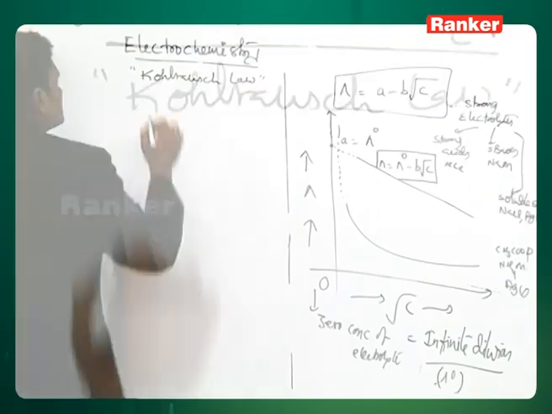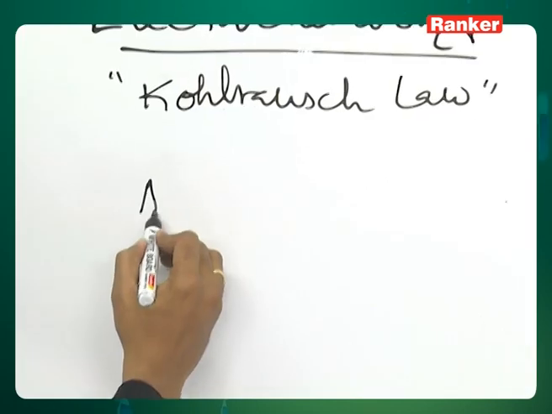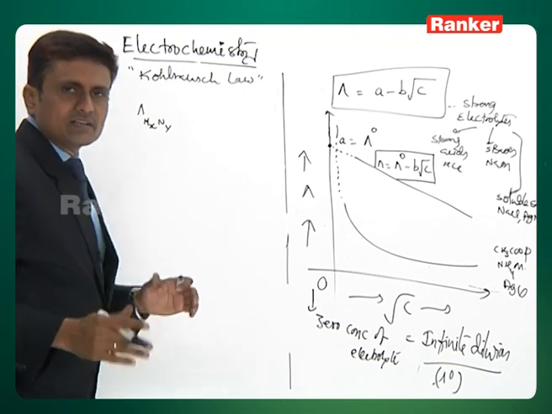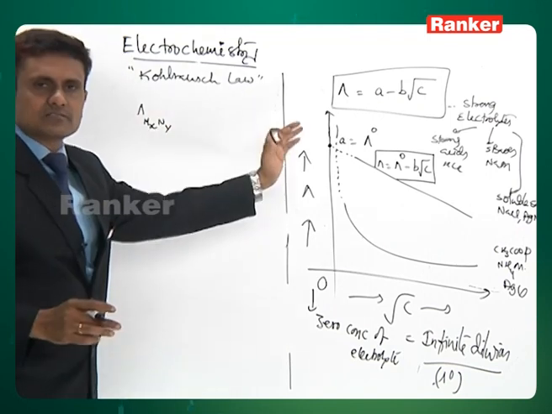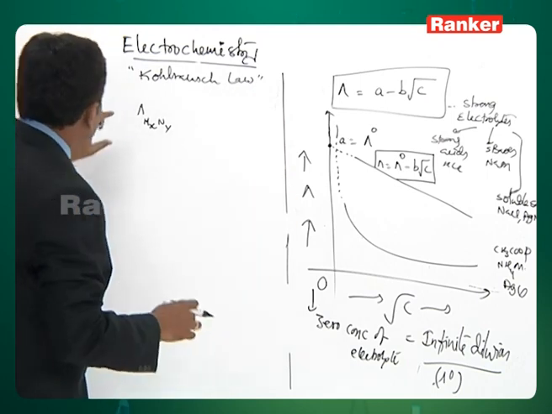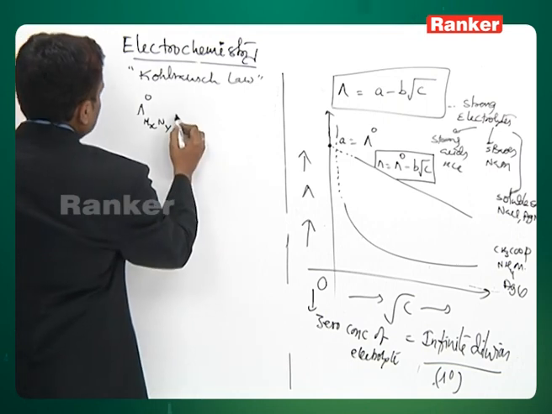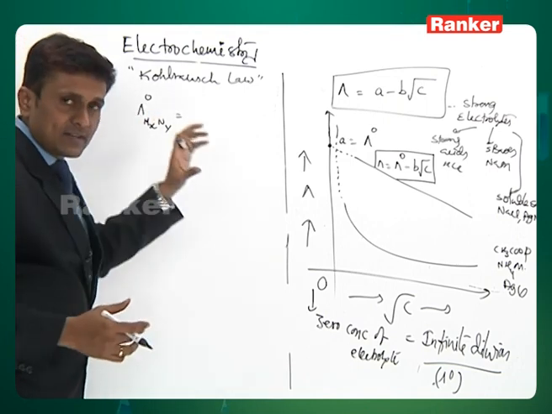As per this law, the conductance of an electrolyte, no matter which electrolyte we are talking about, whether it is strong or weak, at infinite dilution is the arithmetic sum of the conductance of all ions present in it.